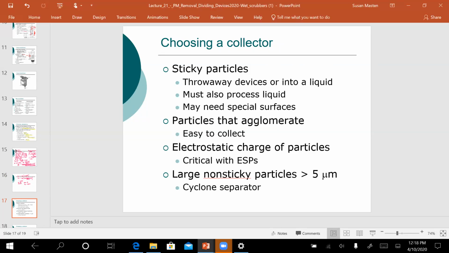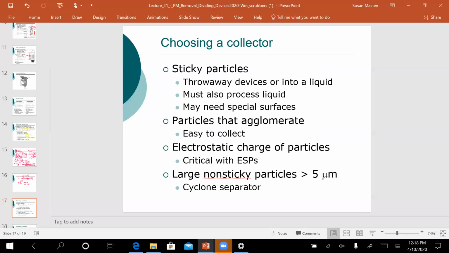So with sticky particles, particles that are hygroscopic, these are much more difficult to remove. It may be necessary to use some sort of a throwaway device or to use a wet scrubber so that you're contacting those particles with a liquid and then removing them from the liquid. Throwaway device could be a HEPA filter, simple as what you have in a furnace.